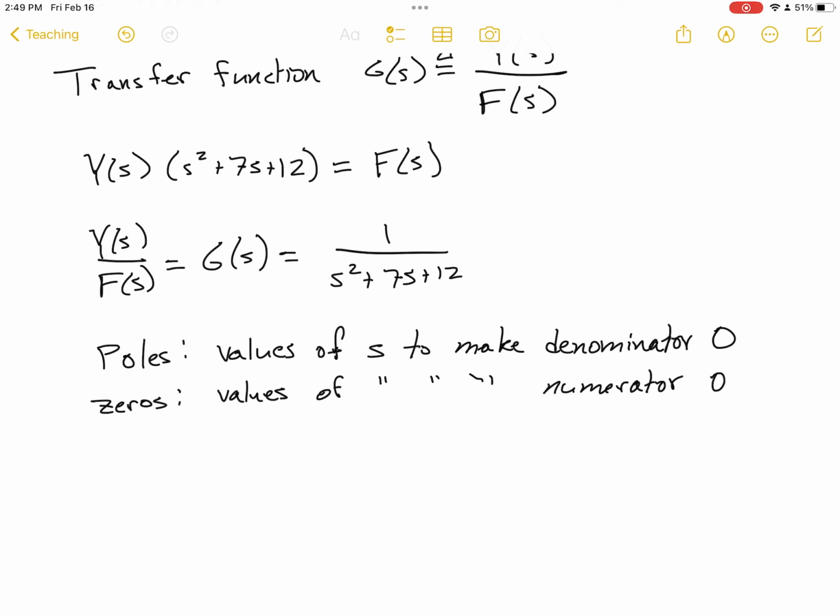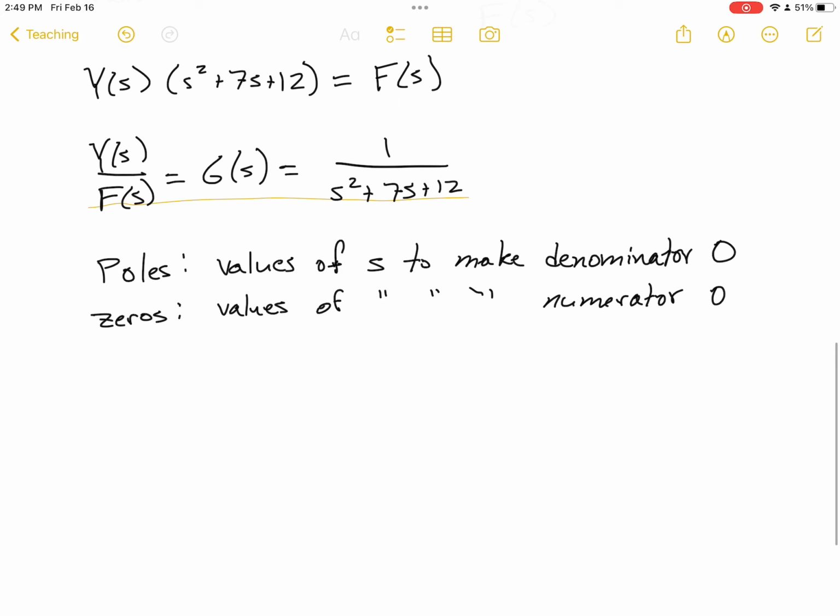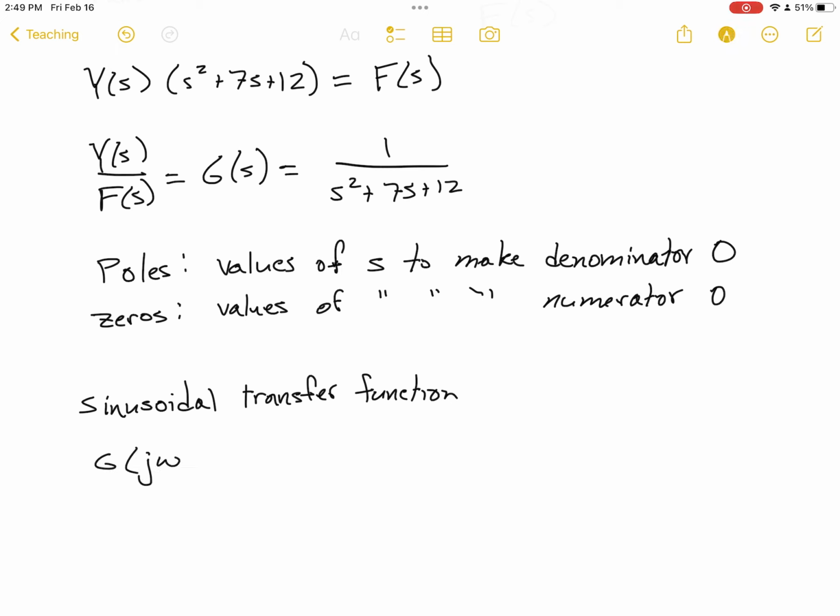We do that by talking about what's called the sinusoidal transfer function, which is just if you take the transfer function G and you plug in j omega wherever you see an s. And remember, j is the imaginary number. In the past, we've called it i, but now since we've started introducing current, we use the letter j.